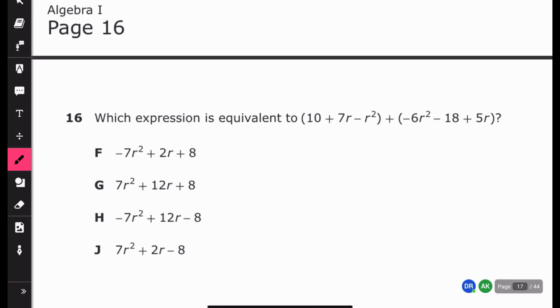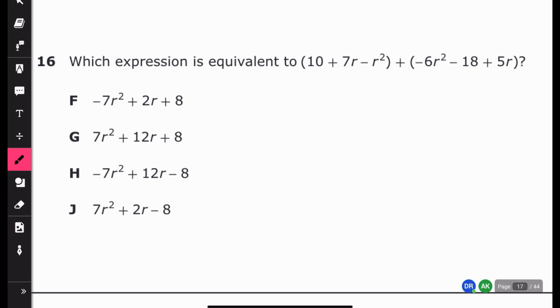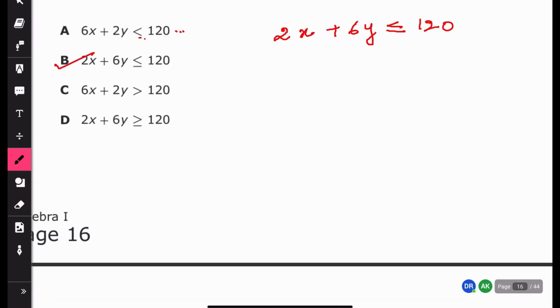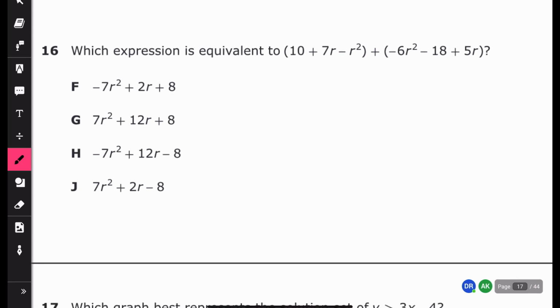Now going into the 16th one. Which expression is equivalent to 10 plus 7r minus r square plus minus 6r square minus 18 plus 5r? So now what we'll do is open these brackets and write down 10 plus 7r minus r square. Now taking plus inside, plus into minus becomes minus 6r square, plus into minus becomes minus 18, plus into plus is plus 5r.